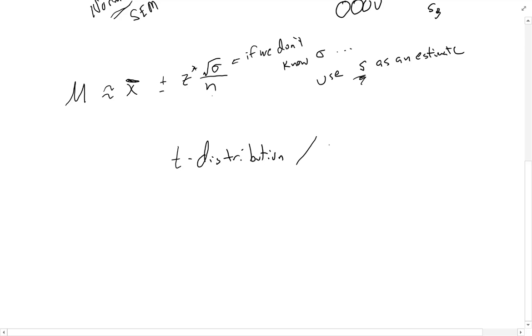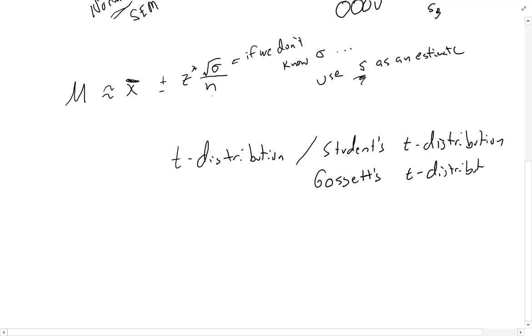Or sometimes called Student's t distribution, or Gosset's t distribution. The t distribution was developed by a guy named William Gosset, who was a quality control engineer for the Guinness Brewery in Dublin, Ireland.